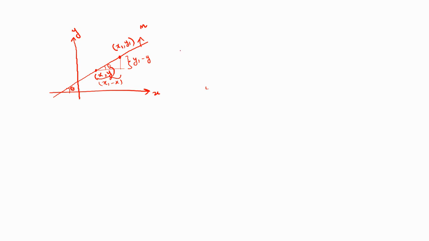So we will do the simple maths. What is the value of slope m? m equals tan theta, right? And what is tan theta? Perpendicular by base. So we get the perpendicular as y1 minus y and the base as x1 minus x. From here we get y1 minus y equal to m times x1 minus x.